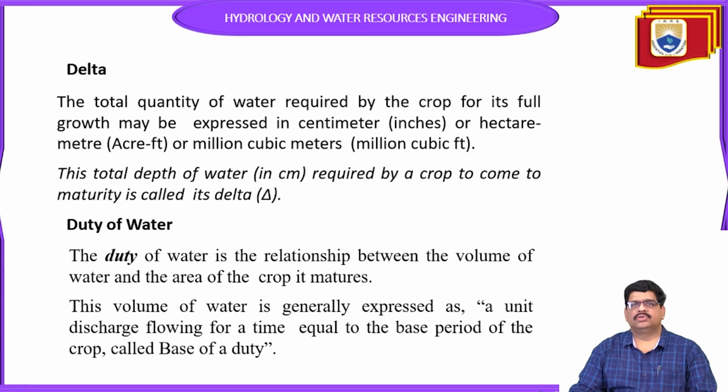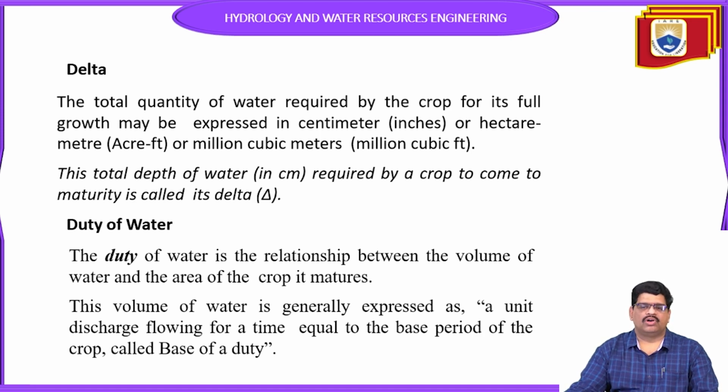Okay, as you know very well, the total depth of water required for the entire crop is delta. Next is duty. What is the duty? The duty of the water is the relationship between the volume of the water and the area of the crop it irrigates, in hectares per cumec.